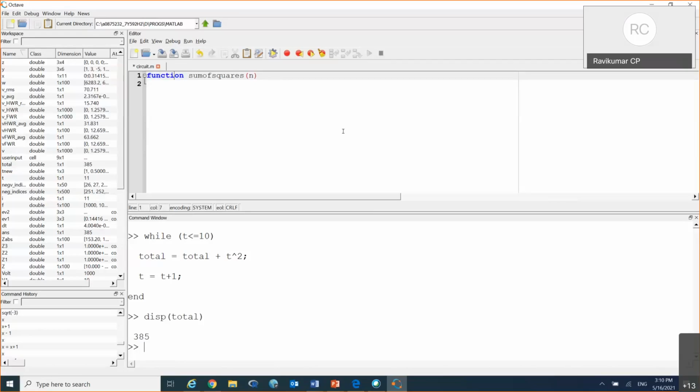So I can say result equal to. Your function has to return some value. So you can say result equal to n times n plus 1 times 2n plus 1 divided by 6.